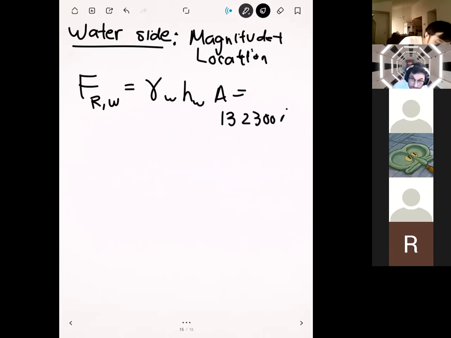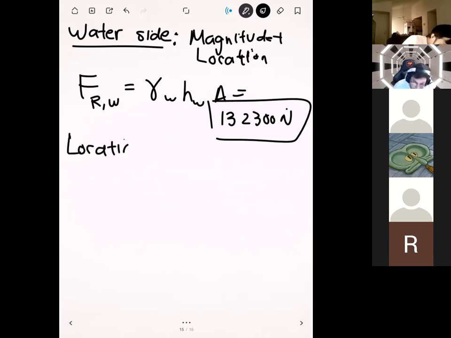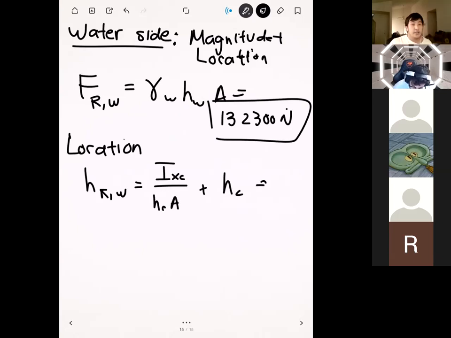We get 300 newtons. Then the location is given by HRW equal to IXC over HC A plus HC. Notice in this problem I'm using H instead of Y, because we have a vertical surface, and when you have a vertical surface, H and Y are in the same direction.